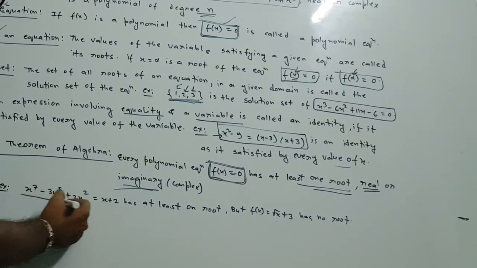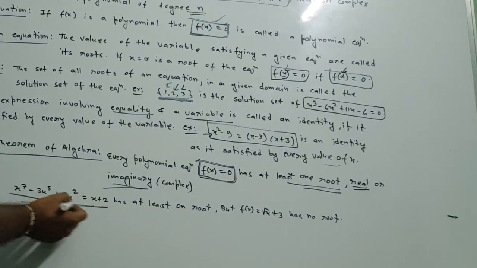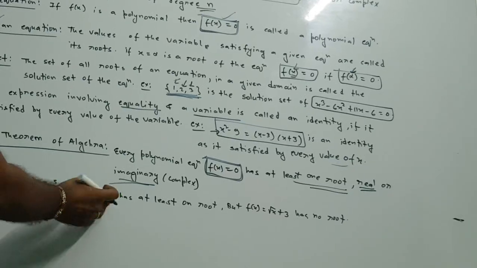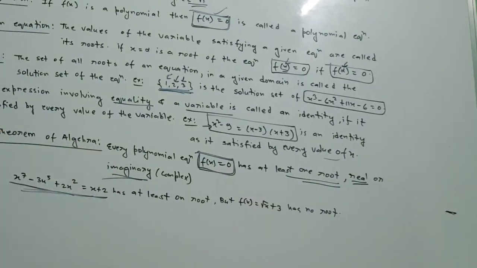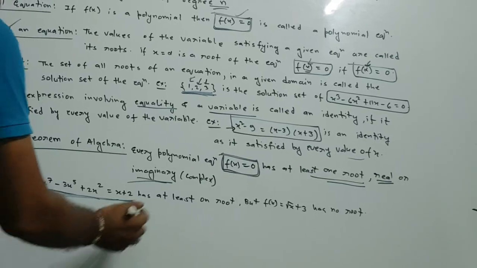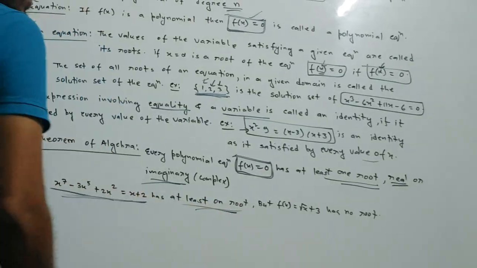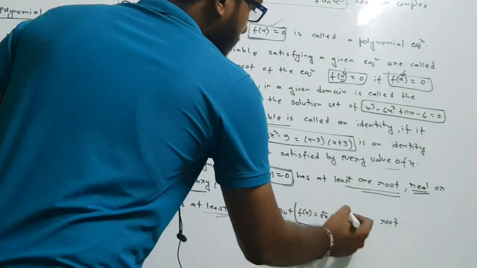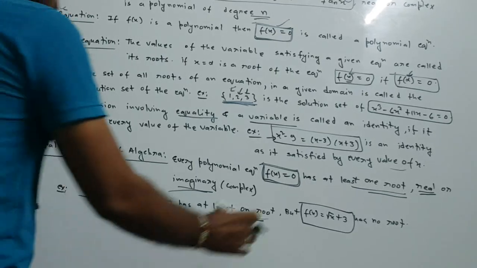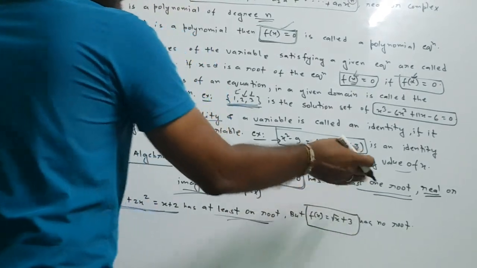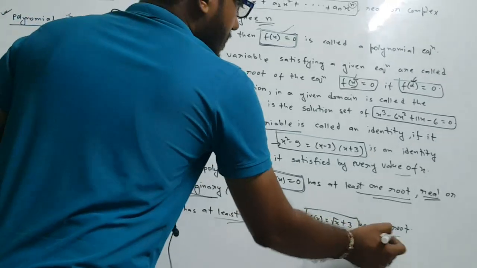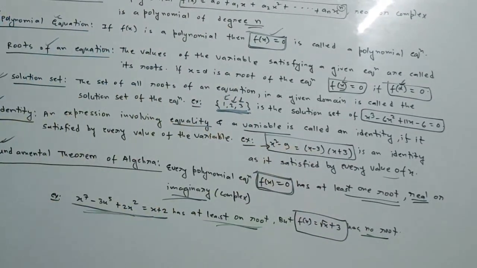See, if in this identity you make the left hand side x plus 2, then that would be a polynomial equation. This has one root. But see, if f(x) equals root x plus 3, if you make it equal to 0, then it has no solution.